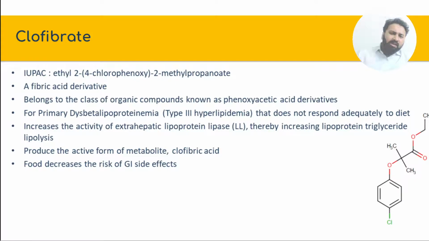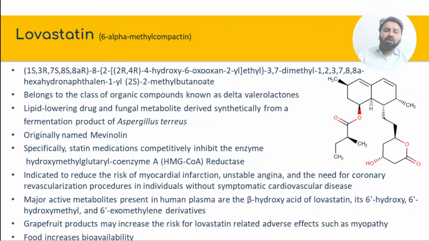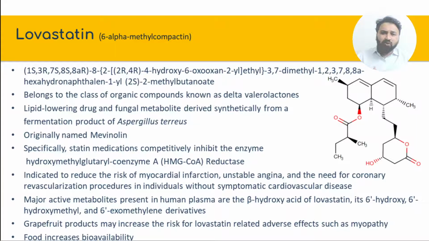Now the next drug is Lovastatin. Lovastatin, a very important class of drug, is also known as 6-alpha methyl compactin. Look at the structure of this Lovastatin. It is an aliphatic heteropolycyclic compound, and it belongs to a class of lactones and subclass of delta valerolactones.